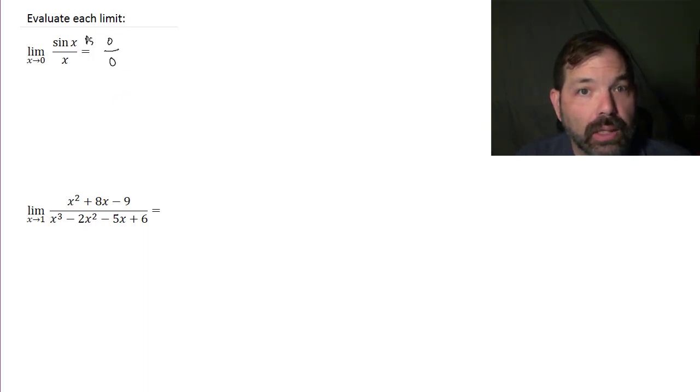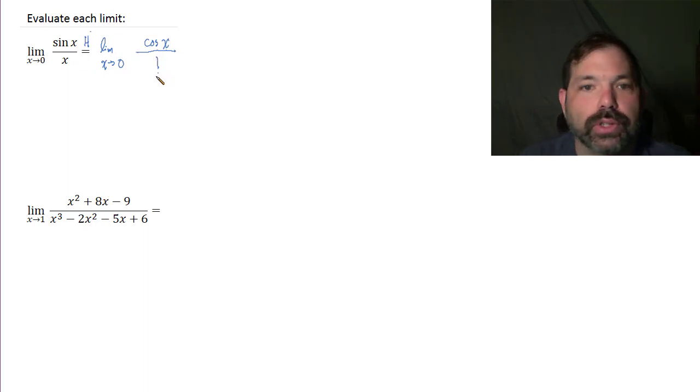However, if we apply L'Hopital's rule, so let's remove this, and instead apply L'Hopital's rule. A notation that has come into fashion for applying this rule is to write a little h above the equal sign. So now I'm applying L'Hopital's rule here, and this becomes the limit as x approaches 0 of, instead of sine x, the derivative of sine x, which is cosine x, and instead of x, the derivative of x is 1, with respect to x, of course.